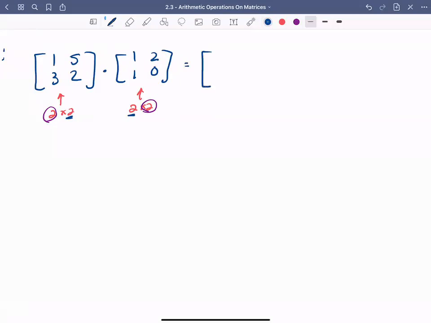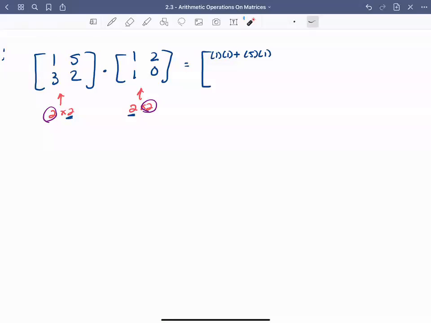To get my first entry point, I say 1 times 1 plus 5 times 1. So again, I take the whole row and multiply it by the whole column to get just the first entry point. That's just the first one.